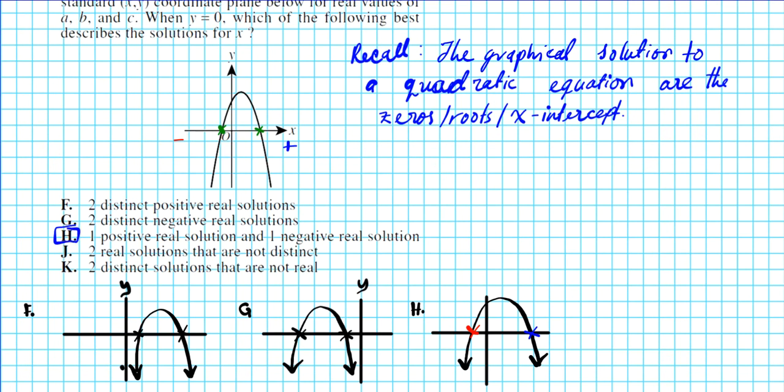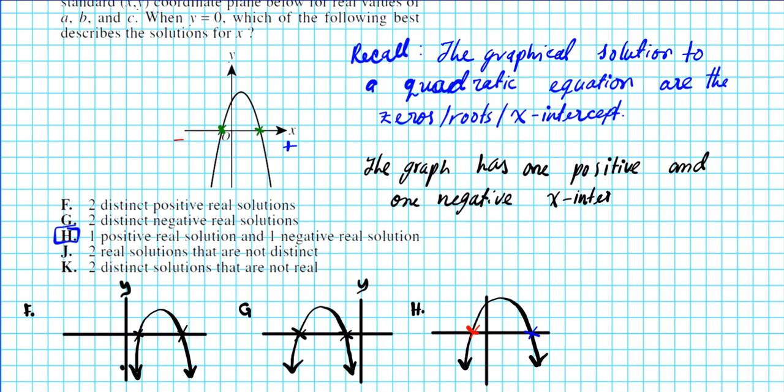Option letter H. Okay, let's write down our description. The graph has one positive and one negative x-intercept.